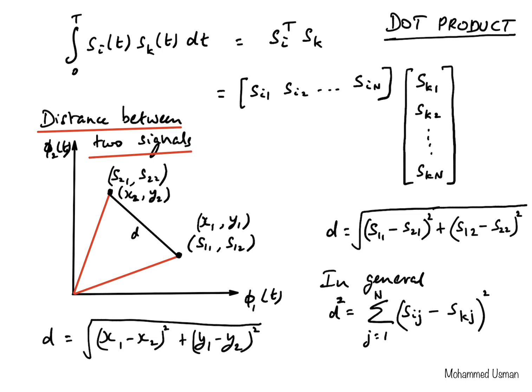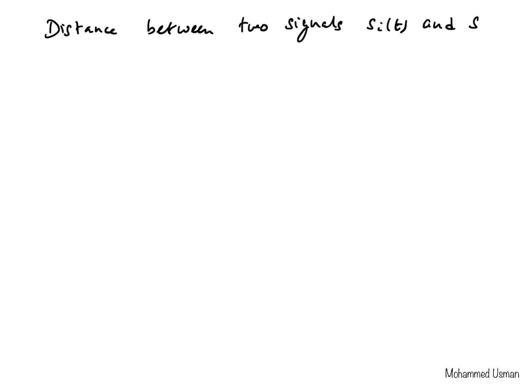So in this way we can compute the distance between two signals, or we can in general write this as the distance between two signals Si of t and Sk of t is given as the integral from 0 to T of the difference of those two signals squared, right?